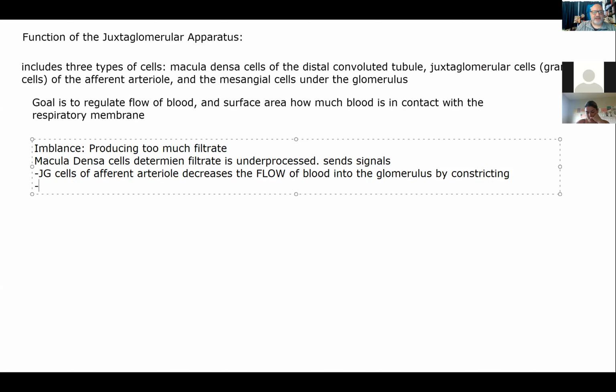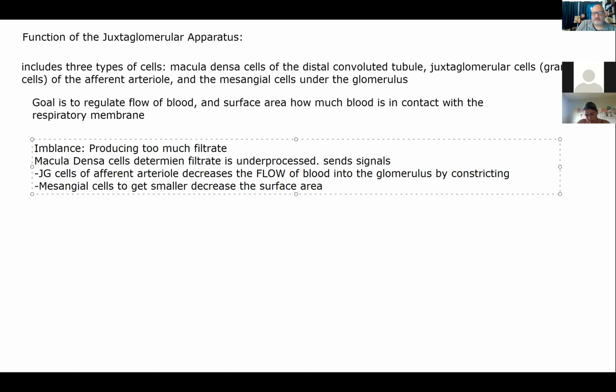The macula densa cells also tell our mesangial cells to collapse. Right, we want them to get smaller because that will decrease the surface area.